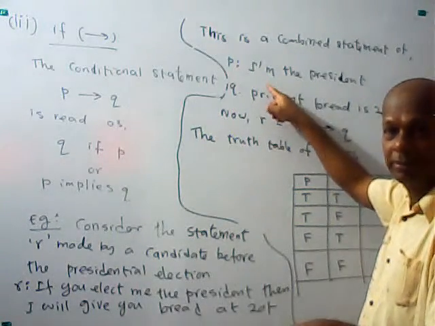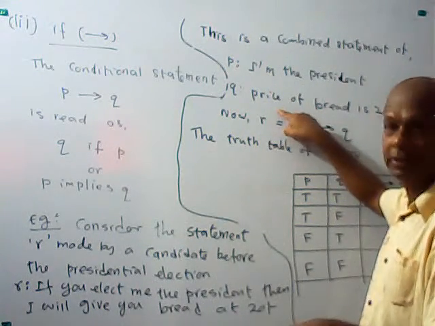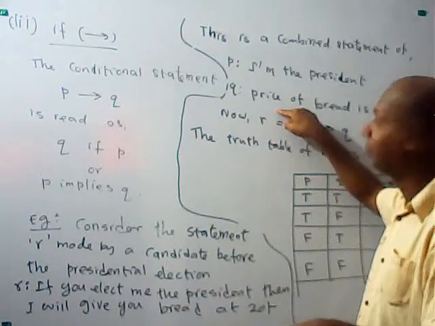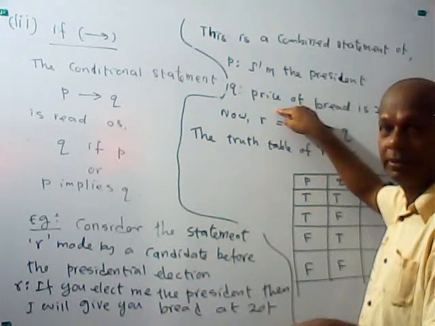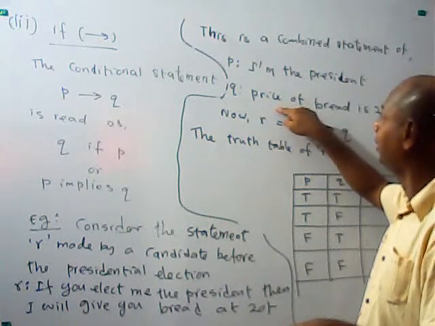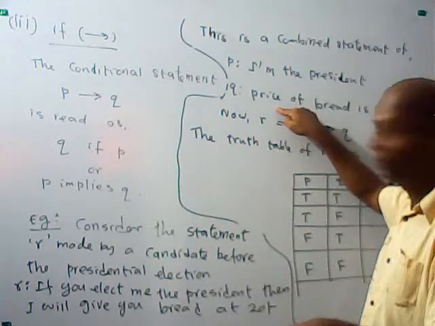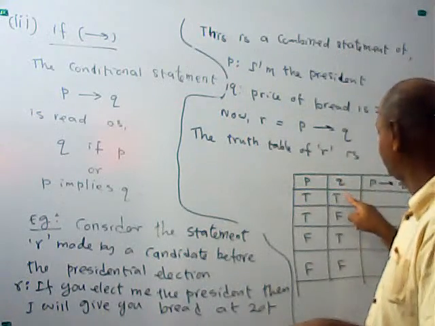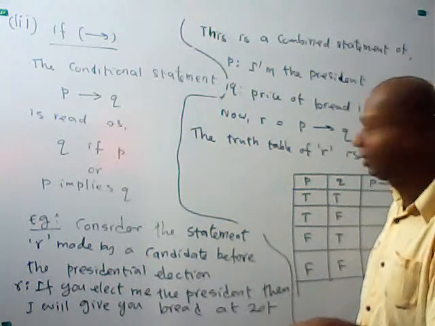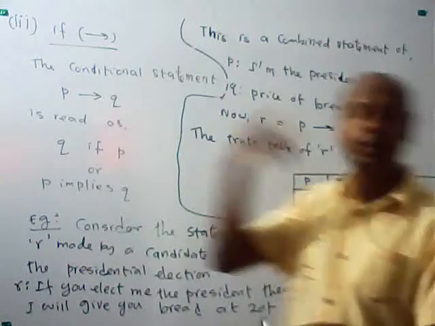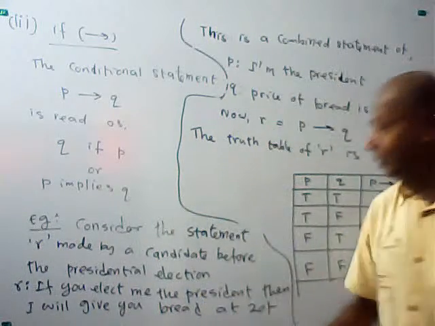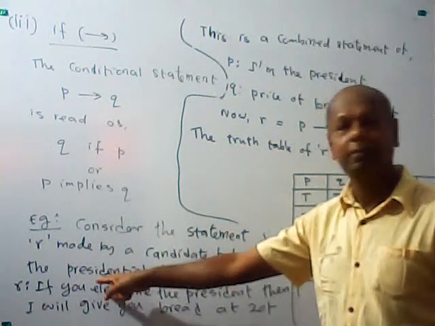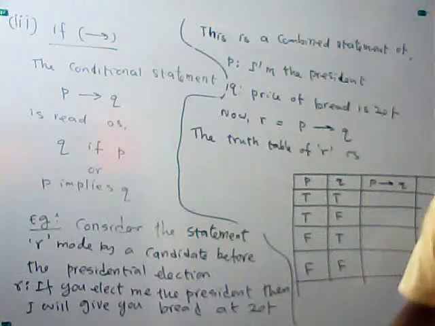You elected me the president, and you go and check at the bakery shop and find that the price of bread is 20 rupees. So P is true, Q is true. Then what about my statement, what I made before the election? The statement I made before the election, is it true or false?